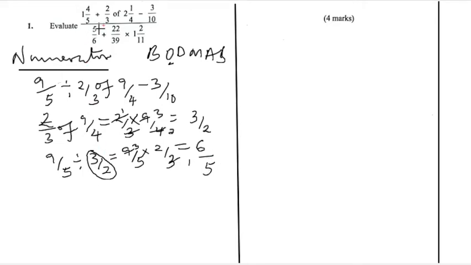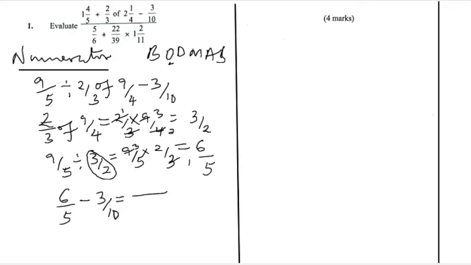Now what is remaining? We have done of, we have done division. Now we must do this subtraction. In the order in which they are appearing, we must begin with 6 over 5. Then we're subtracting 3 over 10 because it is at the farthest end there. When you are adding or subtracting fractions, it is LCM.